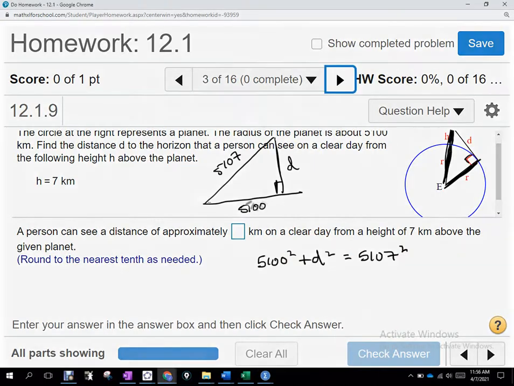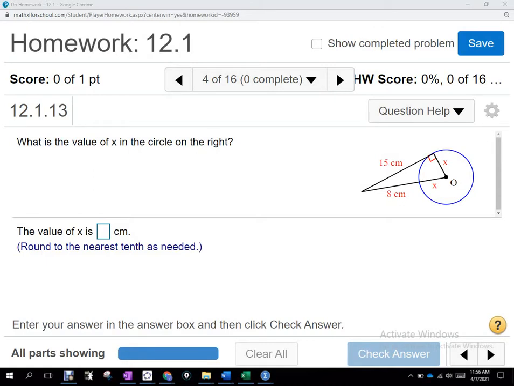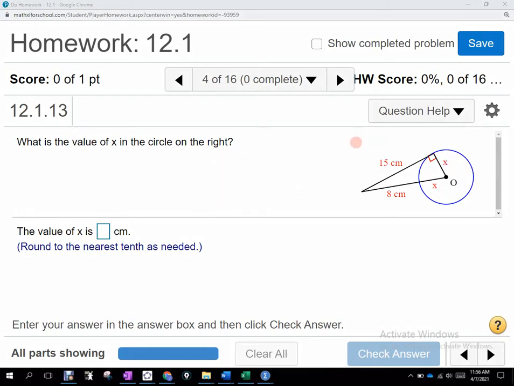Question 4, same idea. Now, the algebra in question 4 is a little bit more intense, because when we look at the triangle that's being produced, with the right angle, this is 15, this is x.